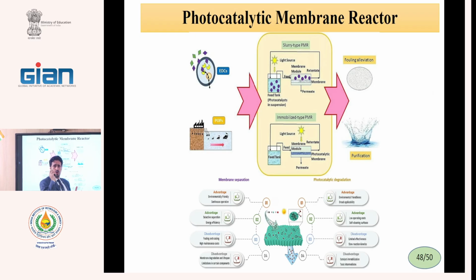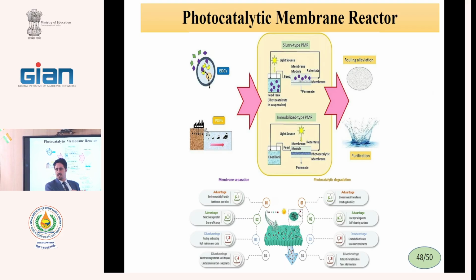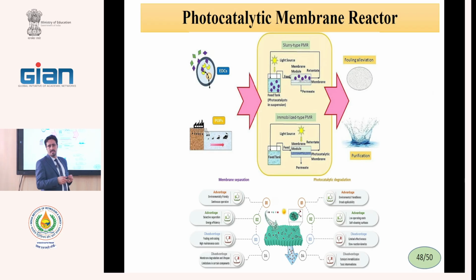When the photon hits the catalyst surface, it produces radicals, mostly hydroxyl radicals, and these hydroxyl radicals can degrade the organic pollutant. Usually the membrane is used for separation of the catalyst after photocatalytic activity, okay?